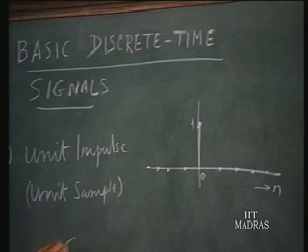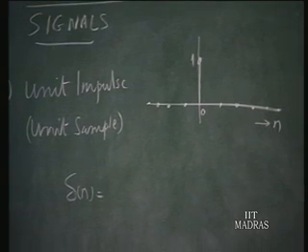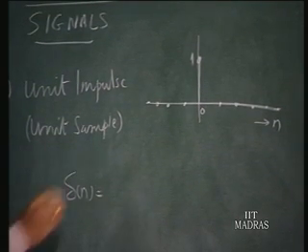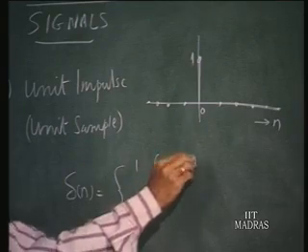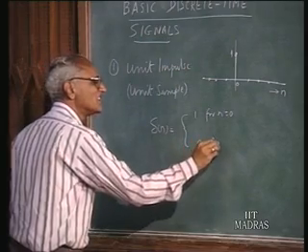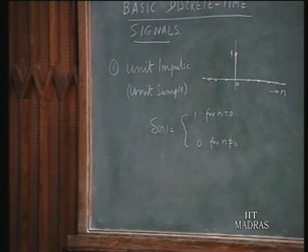So this is called delta n, that is the symbol that is used for this. It's equal to 1 for n equals 0, and 0 for n not equal to 0. So this is just a single sample occurring at n equals 0.